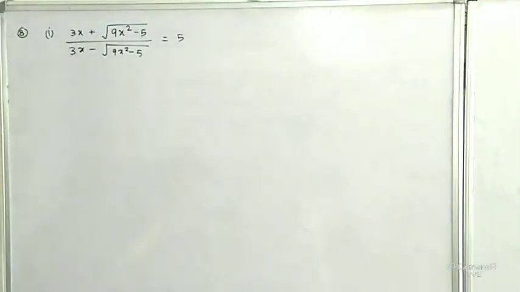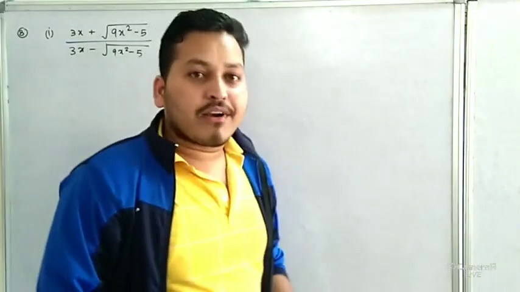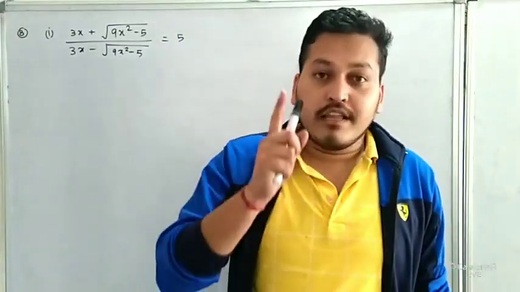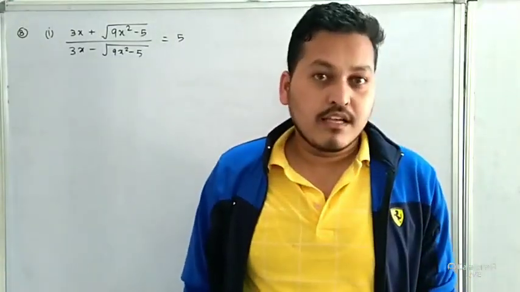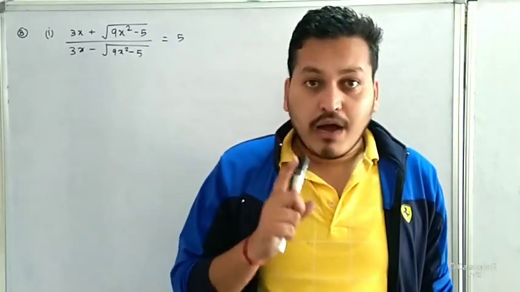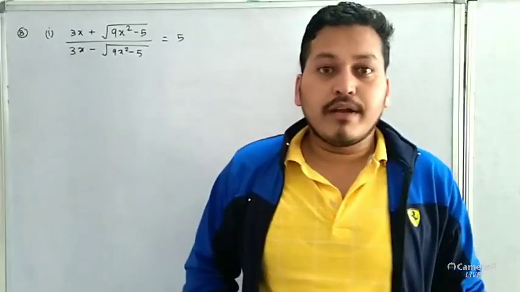As you know, the properties of proportion are componendo, dividendo, alternando, invertendo. But I already told in the last lecture that in 99% of cases we use componendo and then dividendo.